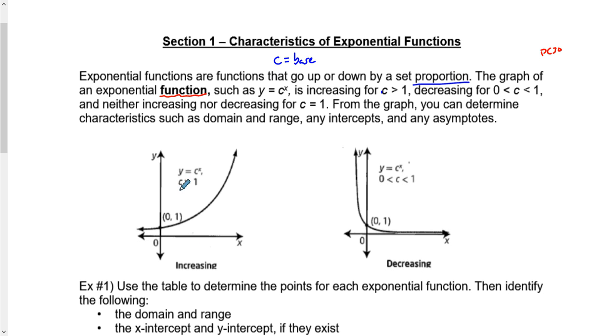The base would have to be greater than 1. So it could be 2, it could be 3, it could actually be 1.000001. As long as it's greater than 1, you have an increasing exponential. Whereas you have decreasing exponentials if our c is in between 0 and 1. So it could be 0.000002 and up to 0.9999999, going on forever, but any value that's in between 0 and 1 creates a decreasing exponential.